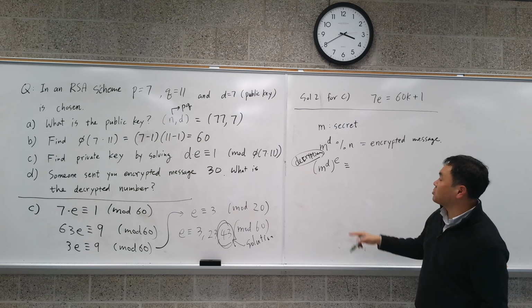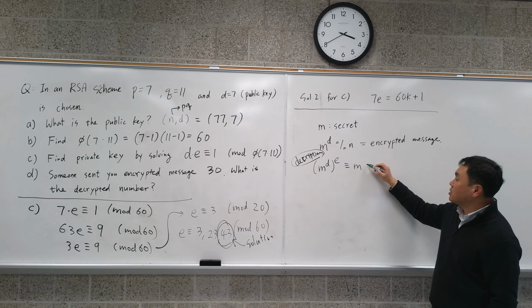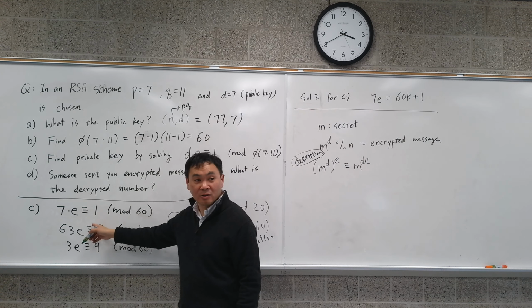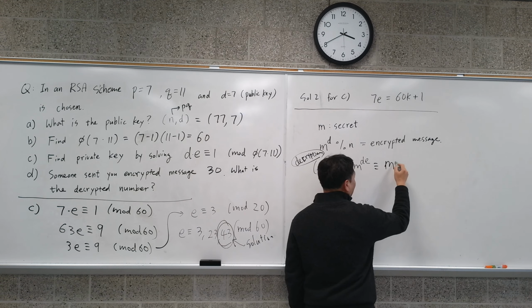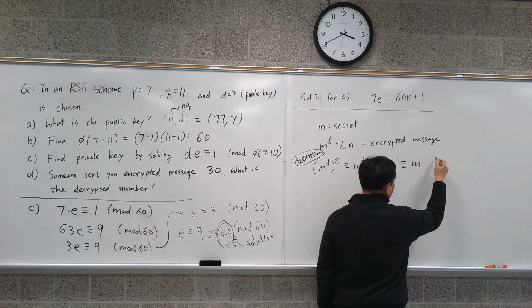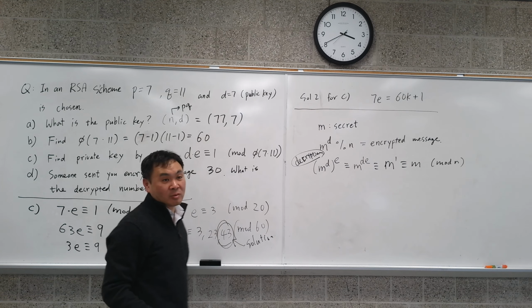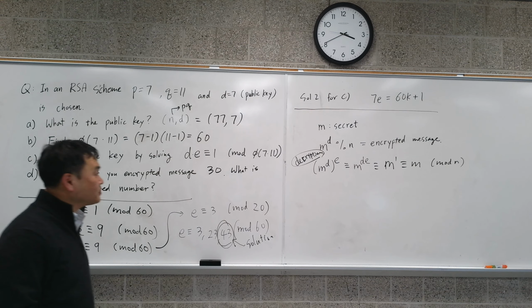To decrypt, you do M to the D to the power E, and that gives you M to the D times E. What is D times E? D times E is 1, right? So that just becomes M to the first power, which is M. That's how you recover the original M, and that's recoverable only by you, because you're the only person that knows the private key E.